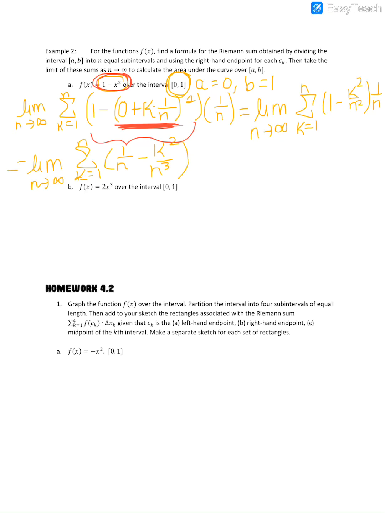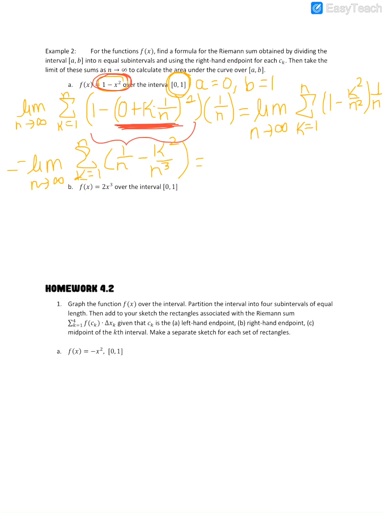Okay, at this point, I want to use my Riemann sum rules that we talked about yesterday to make this a little bit different, something I can attack a little bit easier. So the first thing I'm going to do is separate with my minus, but I'm also going to pull out any constants that I have. So remember, on this, n is my upper bound.